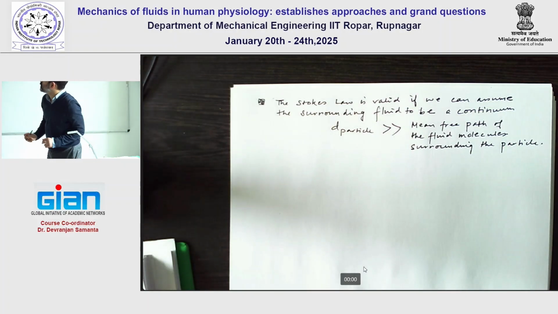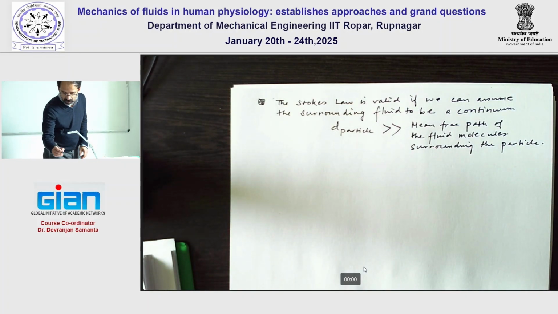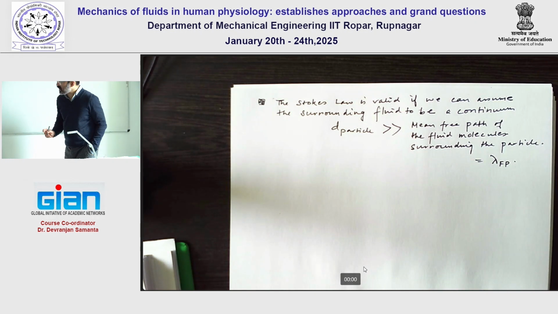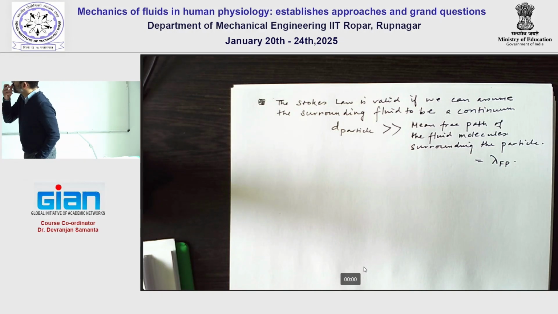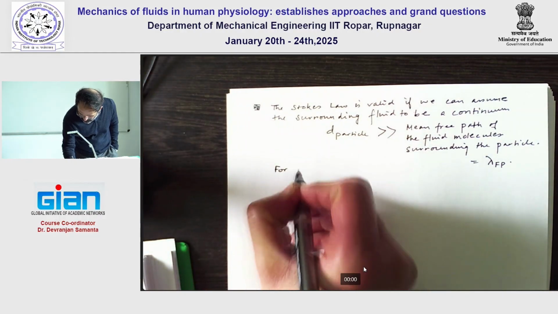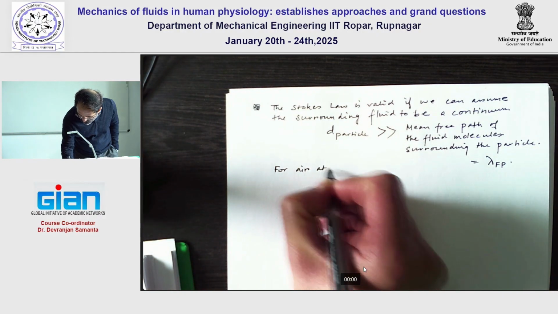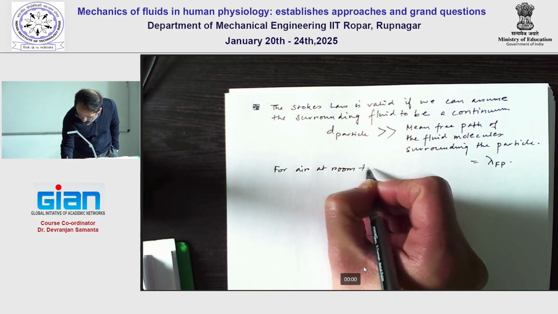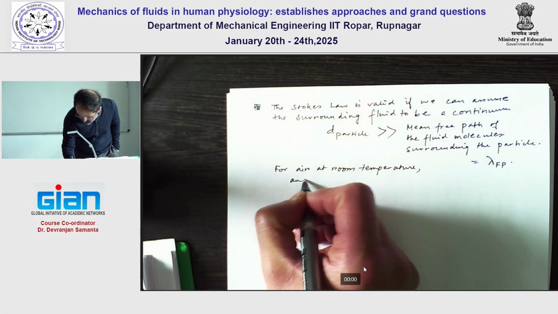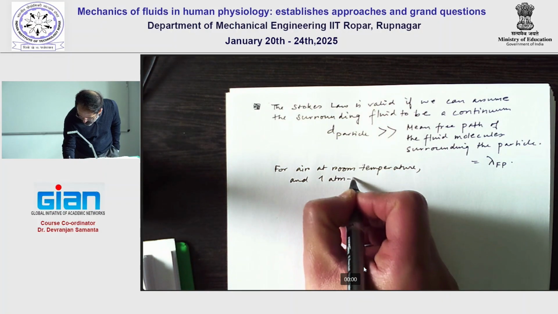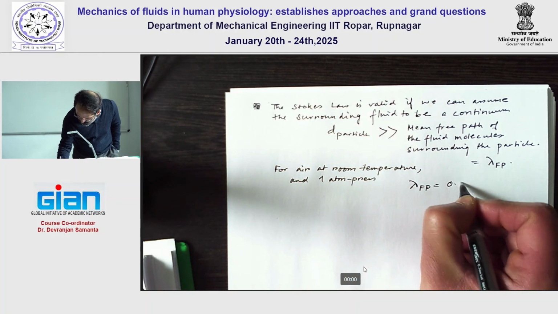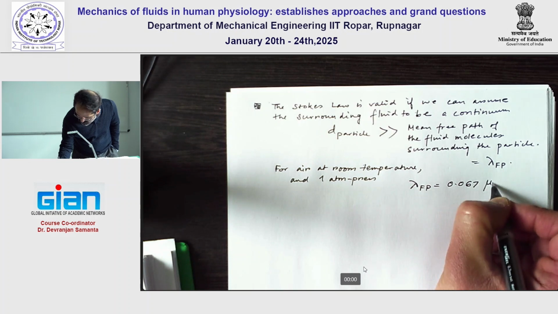I'm going to represent this mean free path with the symbol lambda, let's call it lambda Fp. As I mentioned in the previous session, for air at room temperature and 1 atmospheric pressure, this lambda Fp is around 0.067 micrometer.